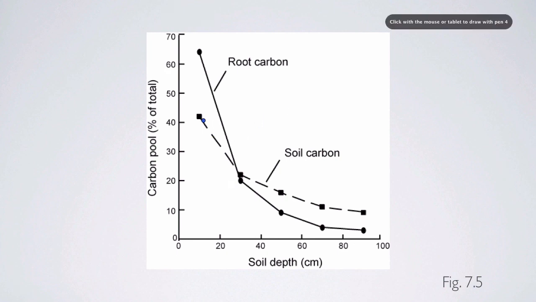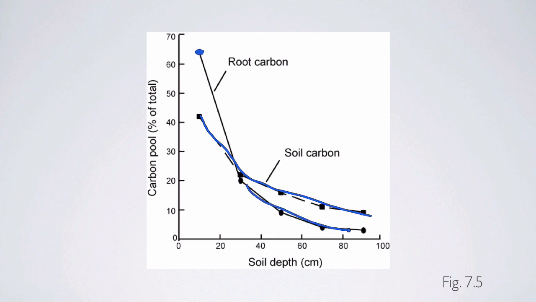Well, if you take a look at soil carbon, the pattern looks something like this. On shallower profiles, you'll have more root carbon than soil carbon. It also declines exponentially, but you can see that there's an offset. And by the time you get deep, you have a lower ratio of roots to soil carbon.